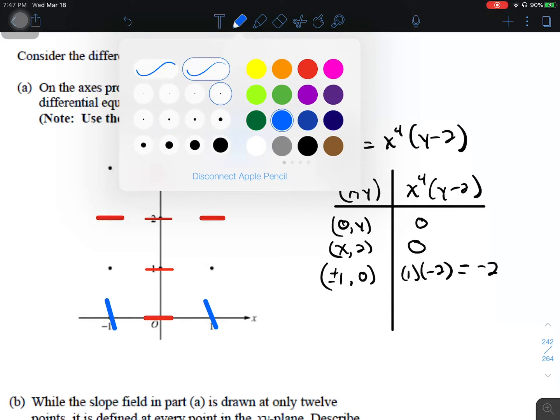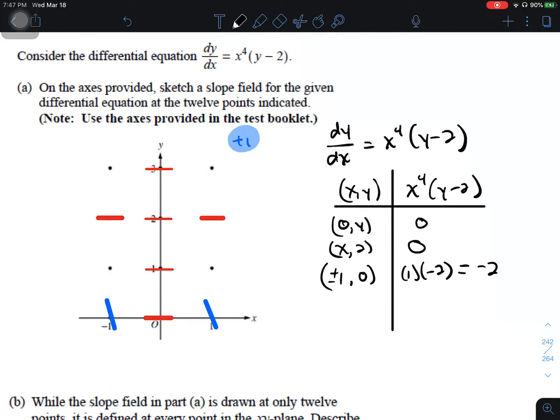What if we went to, let's say, the y value of 1, and we've already established that whether we choose positive or -1, it doesn't affect it, because -1 to the 4th and +1 to the 4th are both 1. And then 1 minus 2 is -1. If you multiply those, you're going to get -1. So the slope at -1, 1 is -1.